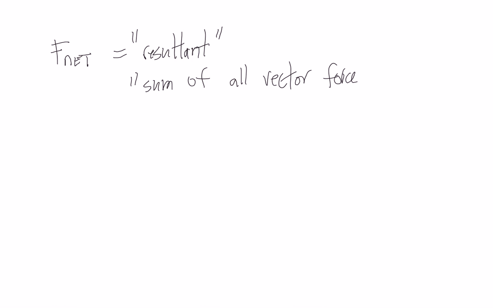We don't really label the net force on a diagram, but just like the word sounds, it's basically the resultant force, or another way of thinking about it is the sum of all the vector forces. That's where we're going to end today, and we'll look at net forces in the next topic.